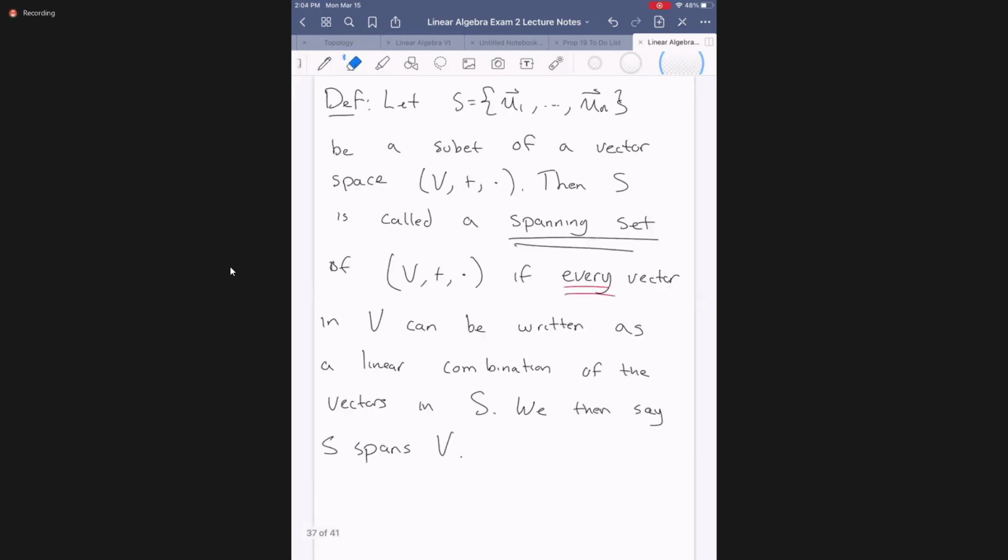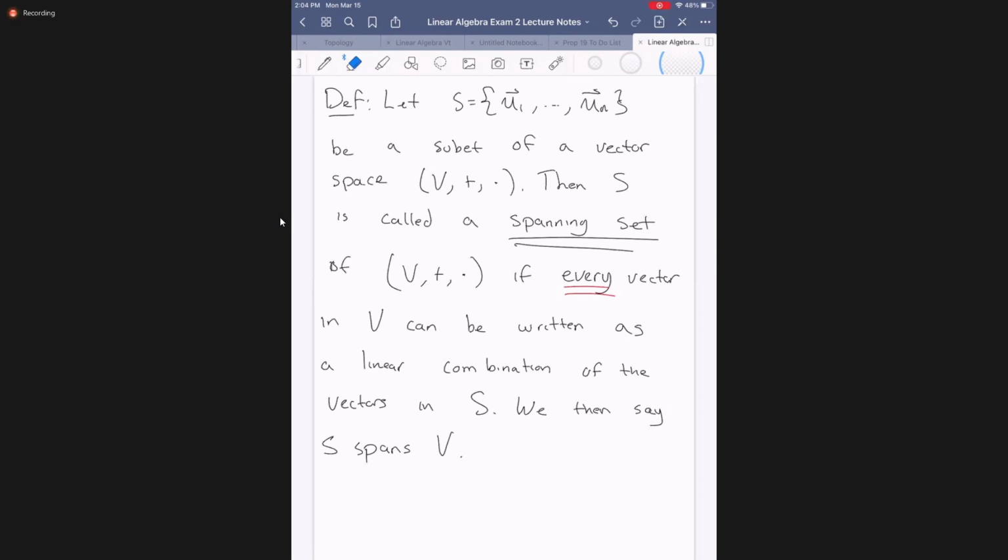Then I said, okay, we have this thing called the span, all possible linear combinations. So what happens if I give you a set of vectors, and you take all possible linear combinations of them, and then you inspect this set and you see that all the vectors in this new span are in my vector space?